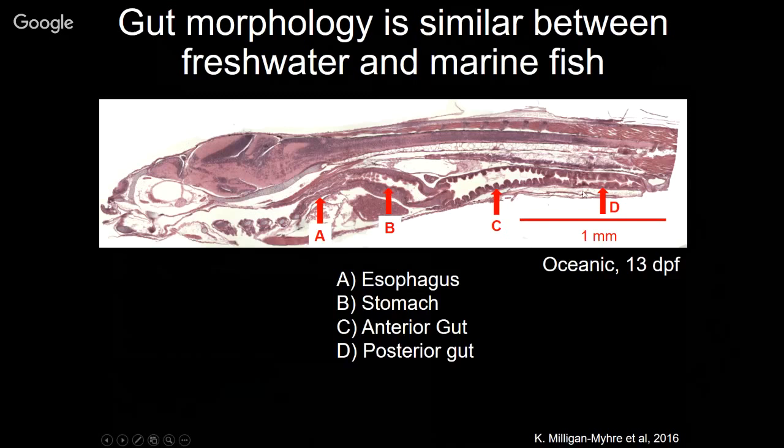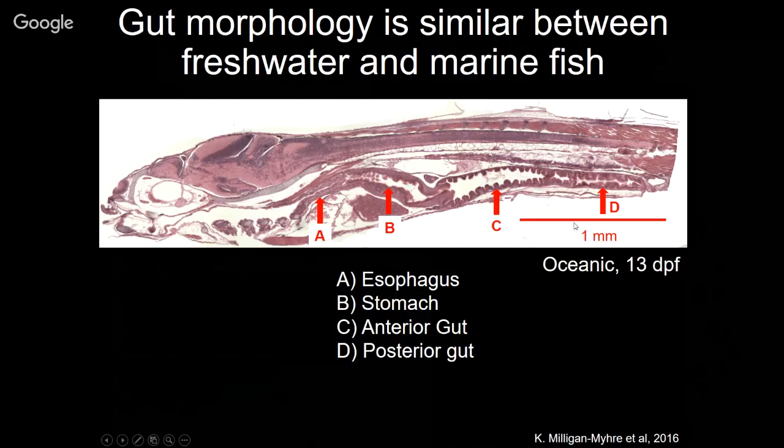And we have a gut that is divided into at least 2 distinct parts, and we think it might actually have 3 distinct parts similar to human guts, and it has folds just like human guts, and a lot of structure. And this is at 13 days post-fertilization. This is a juvenile fish, so this gut has structure that looks similar to humans very early in development.